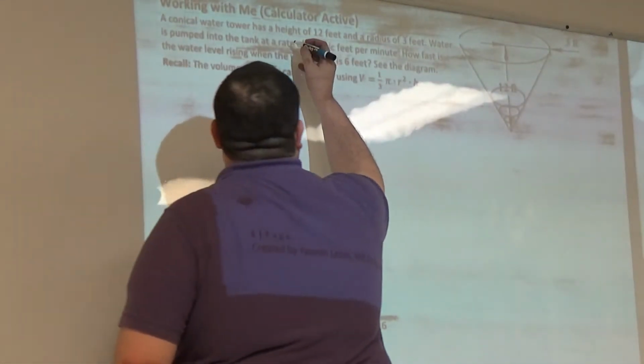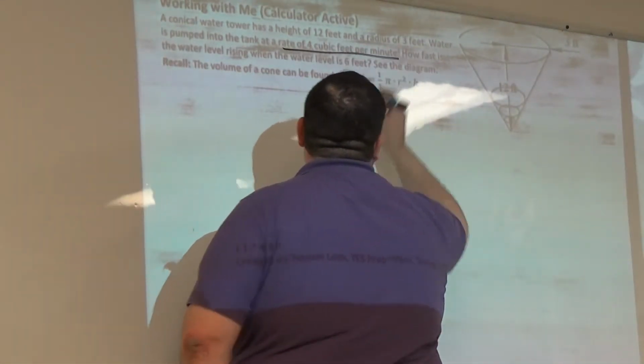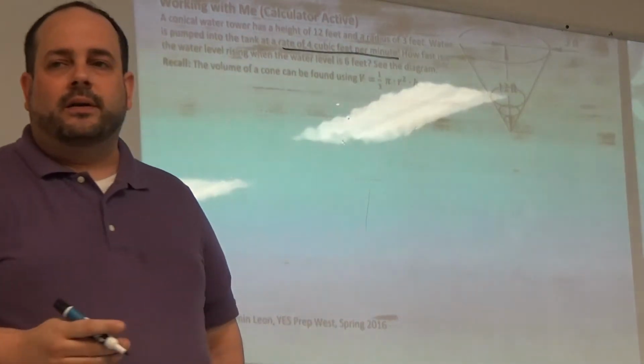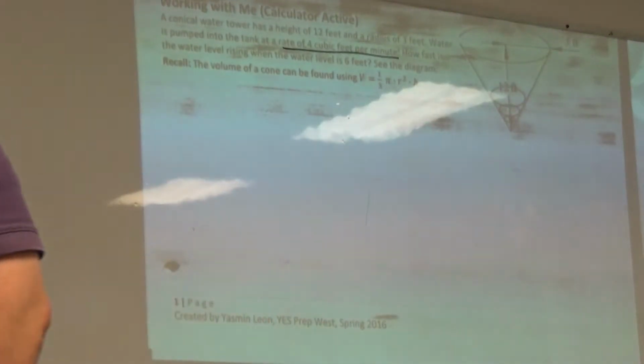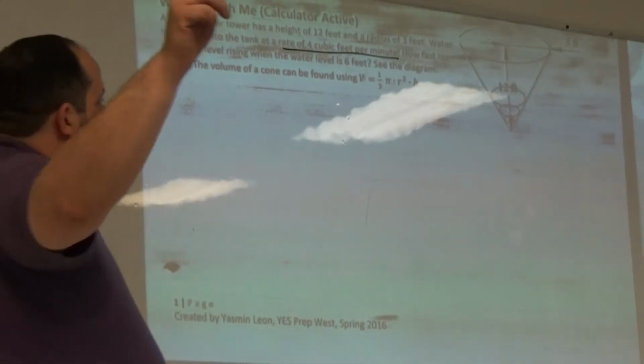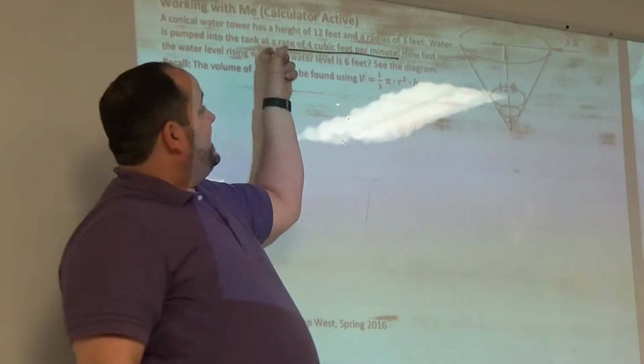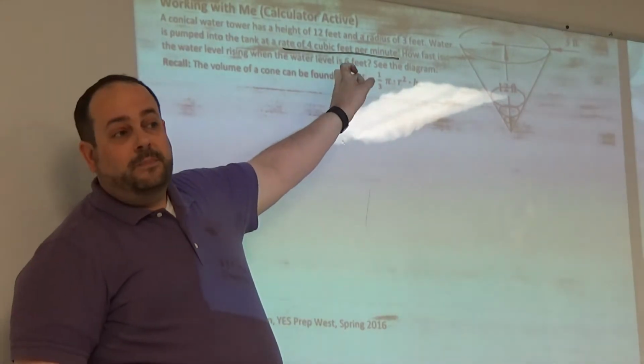That rate of 4 cubic feet per minute is telling you something important. What's it telling you? Noemi, what's it telling you? The rate of change. The rate of change of what? Water is being pumped into the tank at a rate of 4 cubic feet per minute.